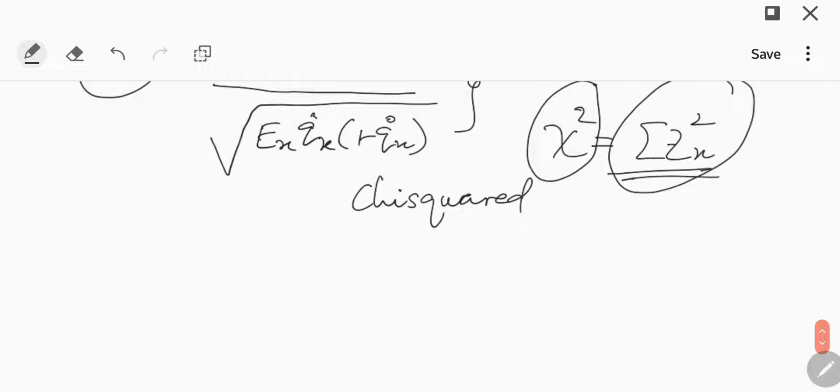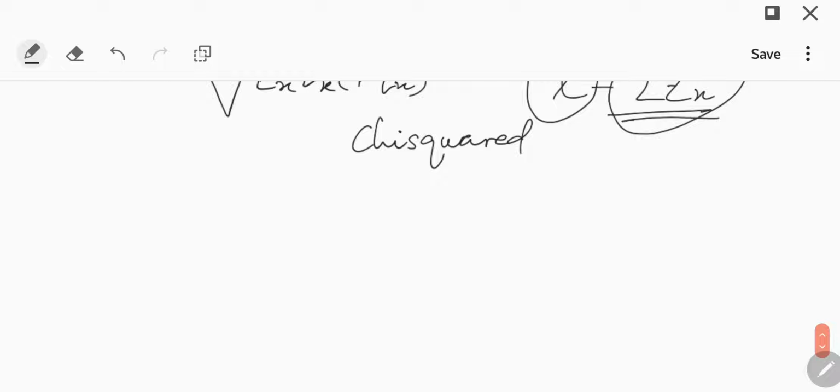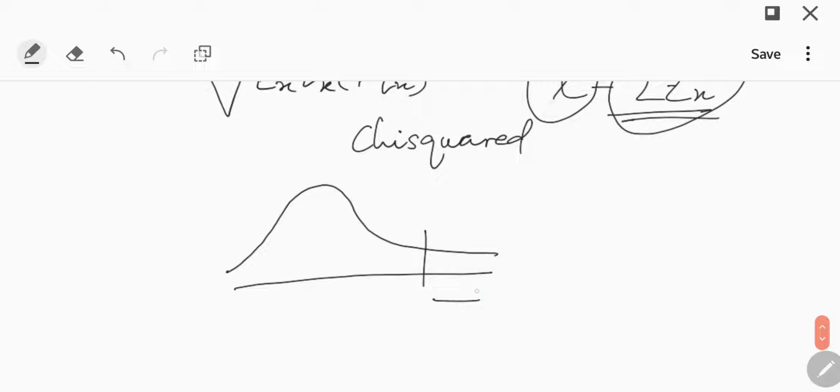The chi-square test that we are using here is a one-tail test, because I'm bothered only about the higher side. So as long as my z_x squared total is not greater than this particular value, I am not rejecting the null hypothesis. If it's lesser, I'm not bothered much.